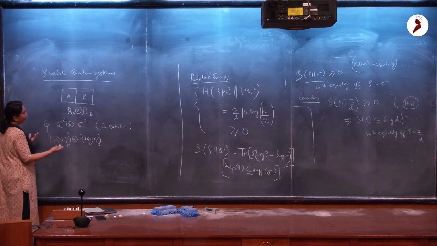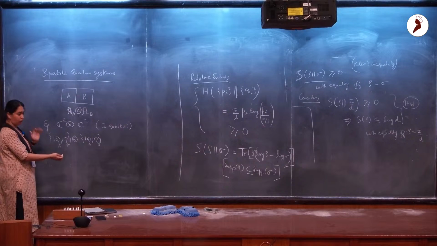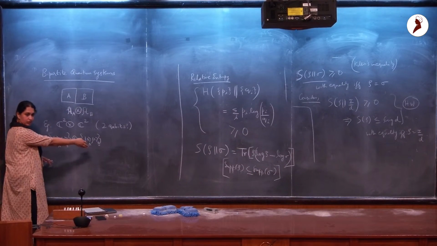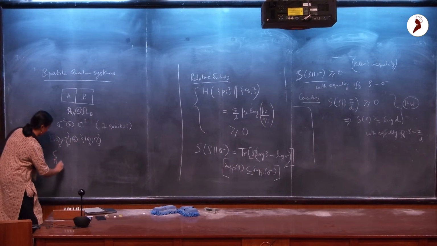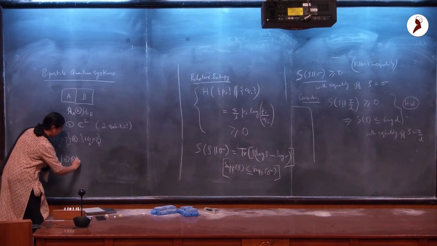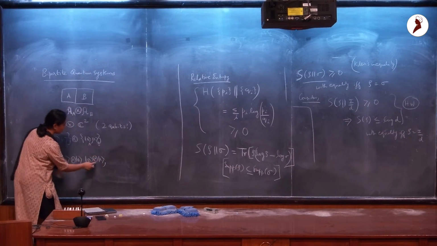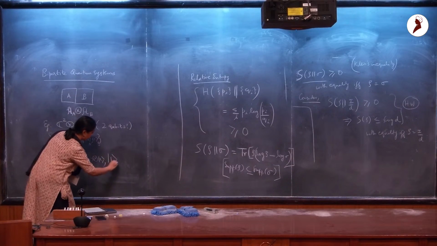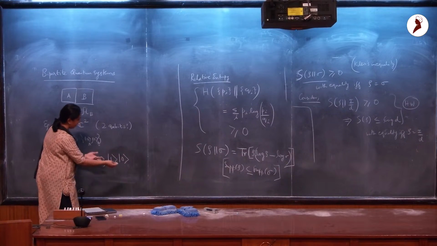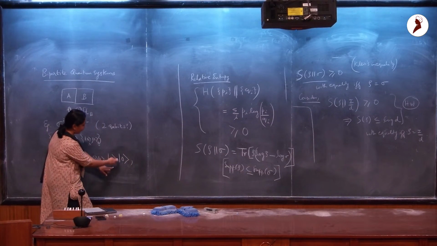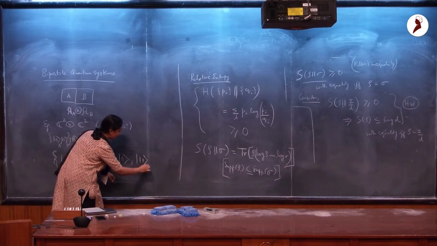Now, how do I get a basis for the joint system, which is 4-dimensional? I take all possible combinations, so the basis is essentially 00, 01, 10, 11. I will soon start getting rid of the tensor product, so I will write joint states like this, and then I may even get rid of the additional angle and the straight line and simply write a state like this.